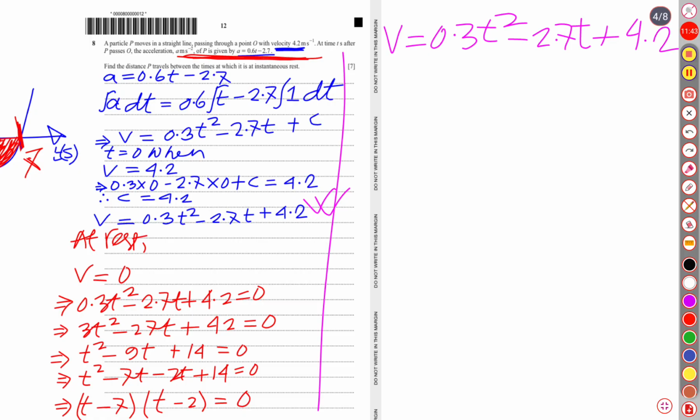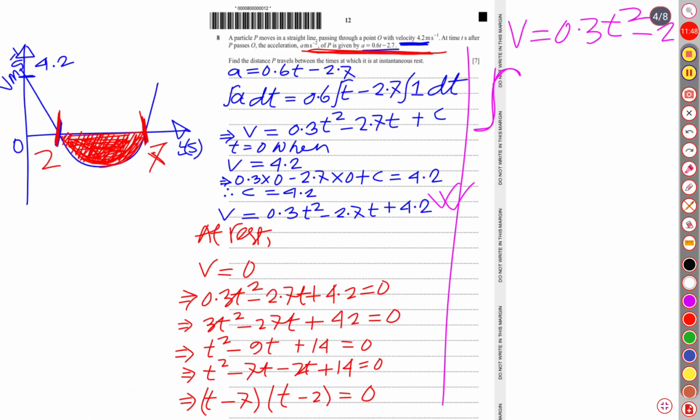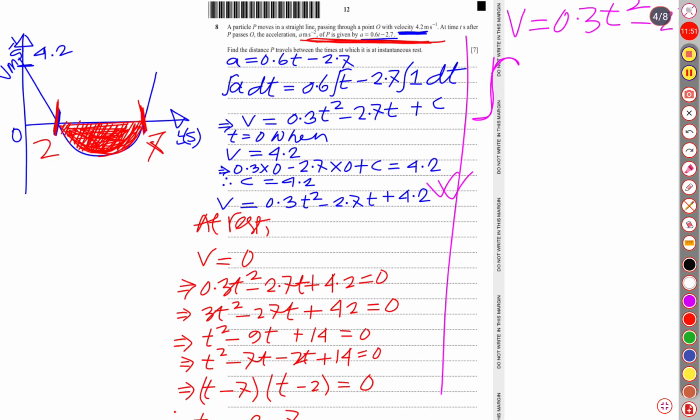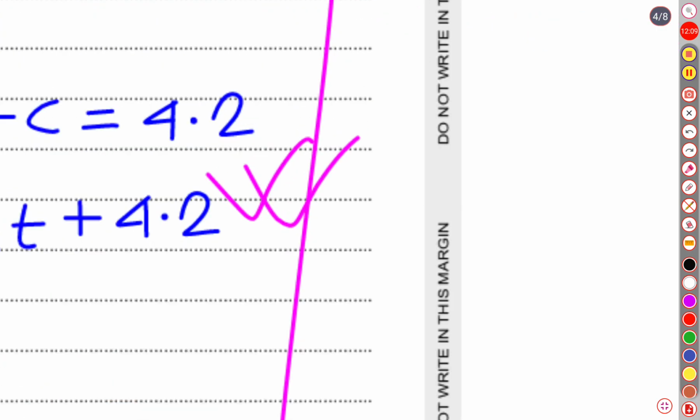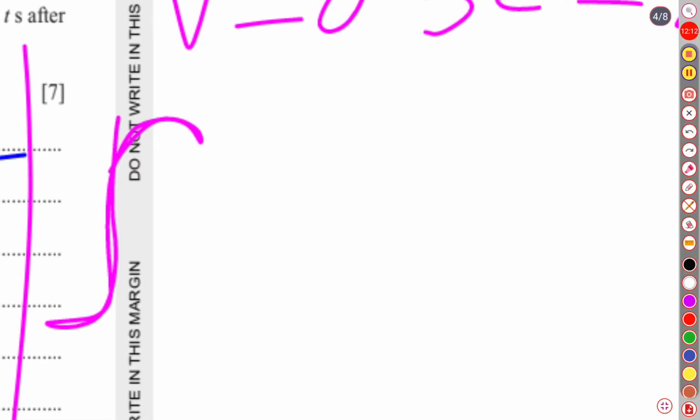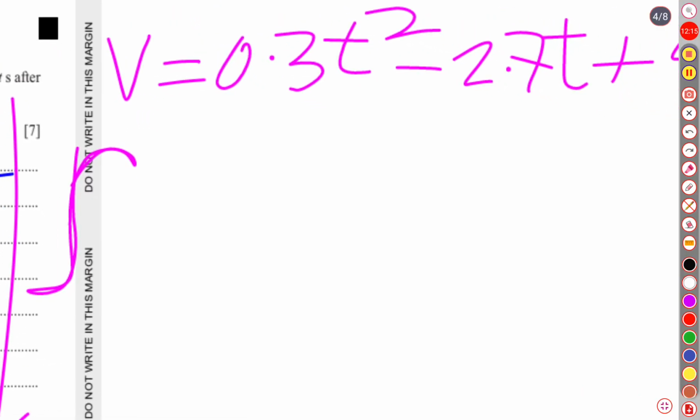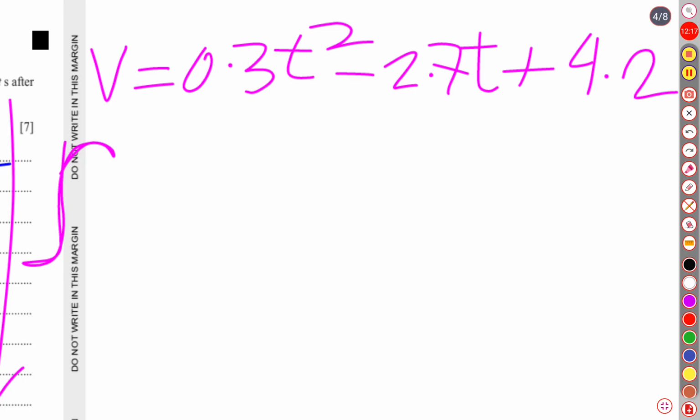We don't need the whole integration, we will just integrate from 2nd second to 7th second, because these are the two moments when the particle was at rest. So we will find the displacement between 2 and 7 seconds. Our limit is 2 until 7 seconds.